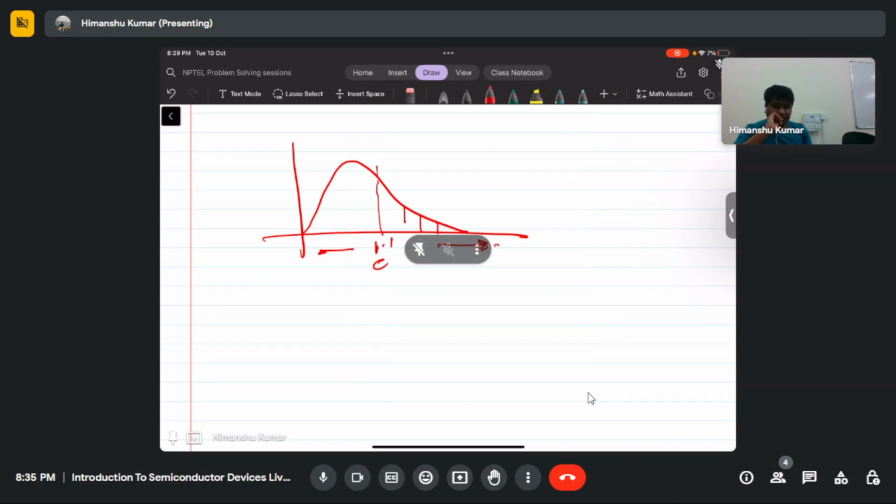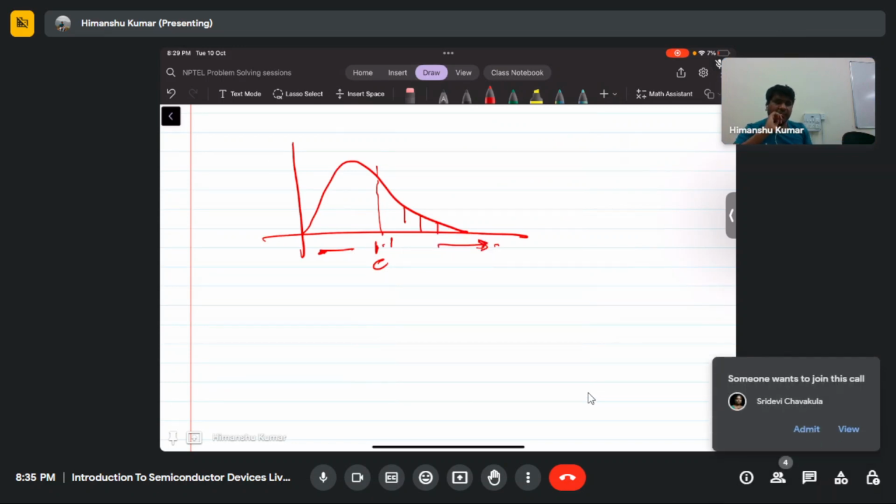Okay. So why does the voltage get reduced if we change the band gap?